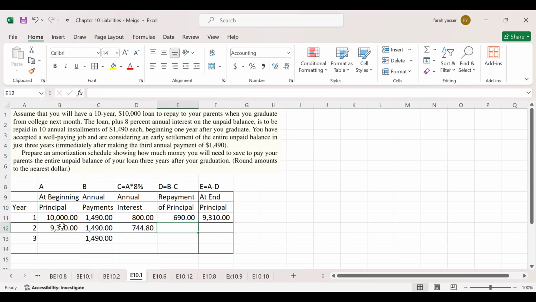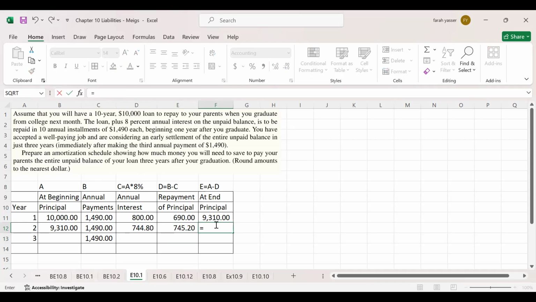Total annual payment is 1490, and we deduct the interest from this payment, which is 744.8. So the total repayment of principal is this. Basically this annual payment includes two things. One is interest on the unpaid principal, as well as the repayment of the principal.